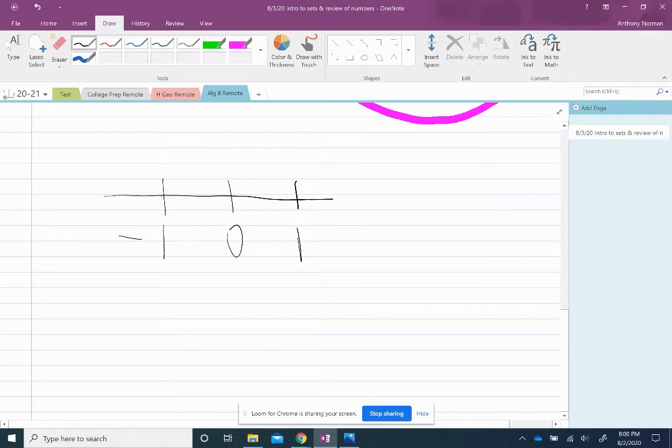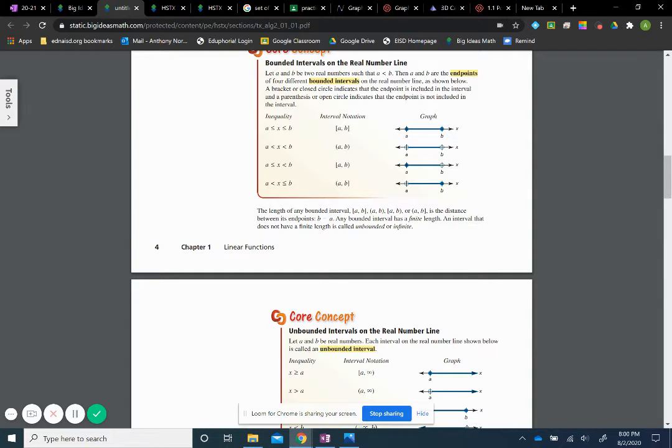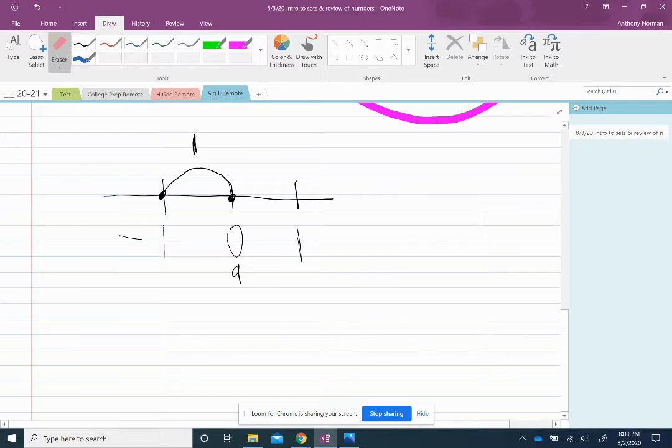So if I start at -1 and I add 1, how far did I go? I went a distance of 1. So if we do like the book said, this is A, this is B. So B minus A equals distance.